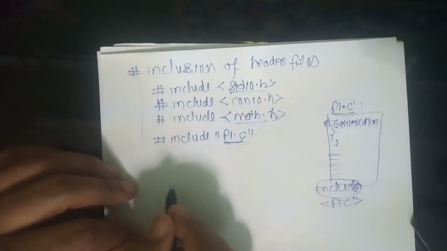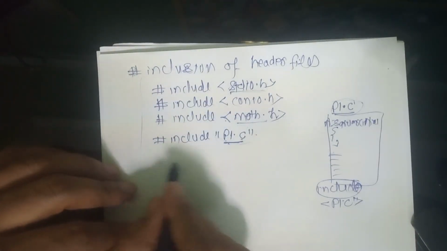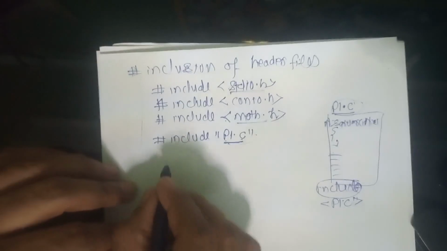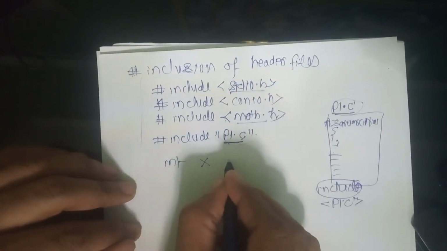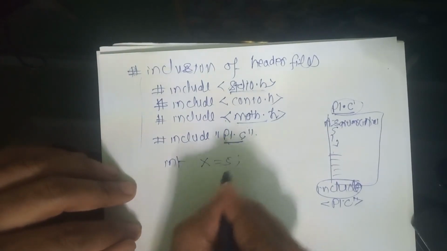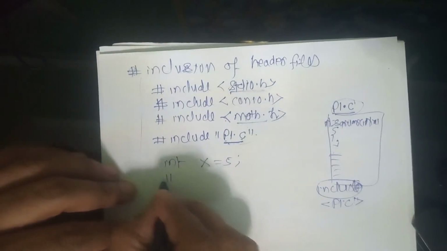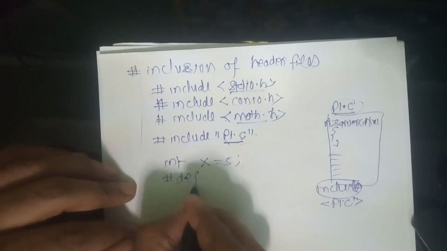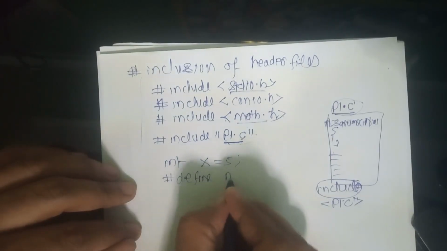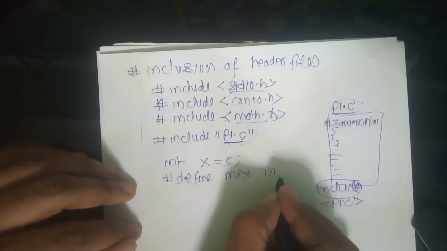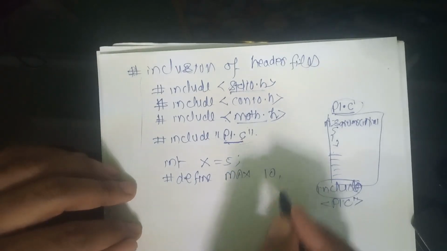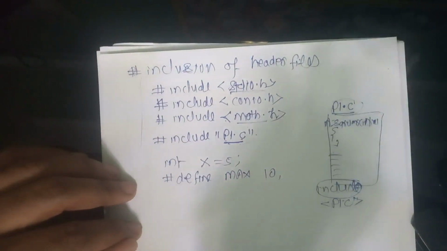After inclusion of the header files, you can declare some variables if required, like int x = 5. This is a global variable. You can define some constants, like #define MAX 10.